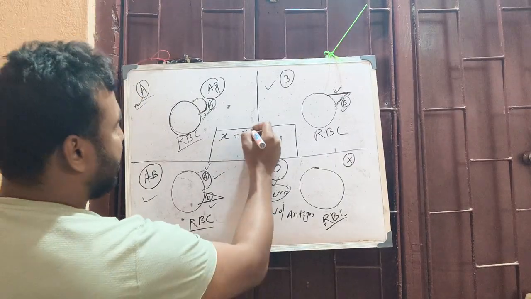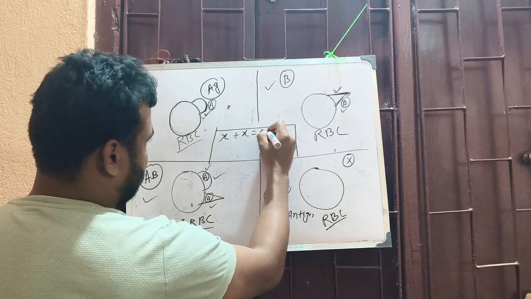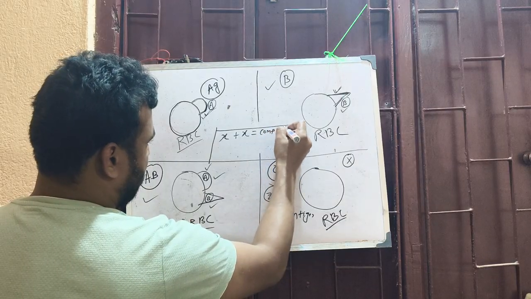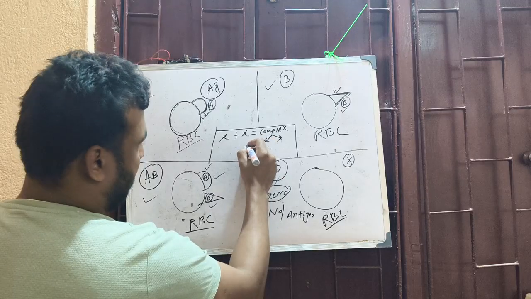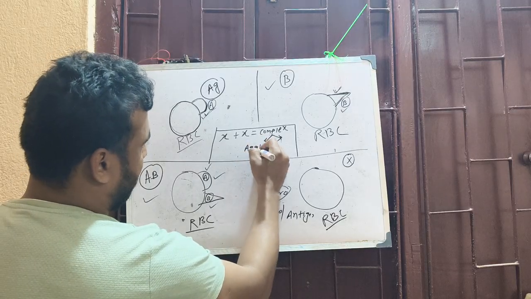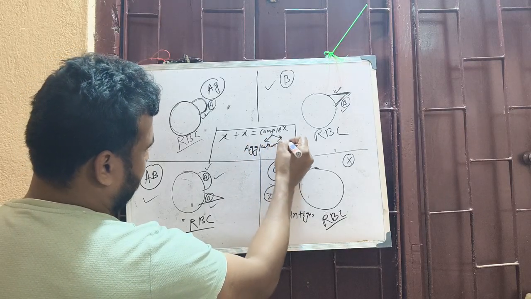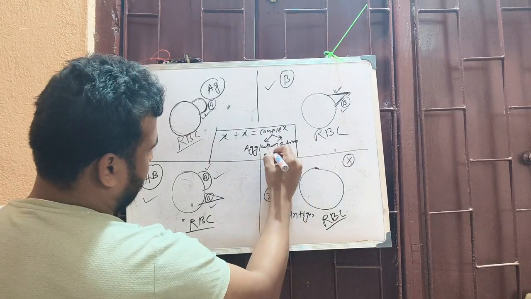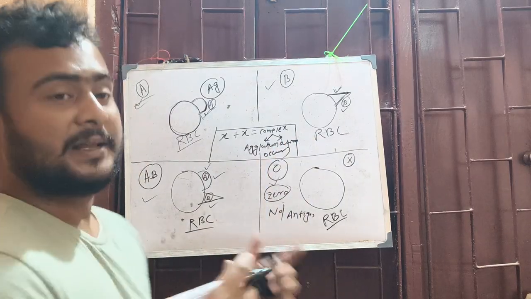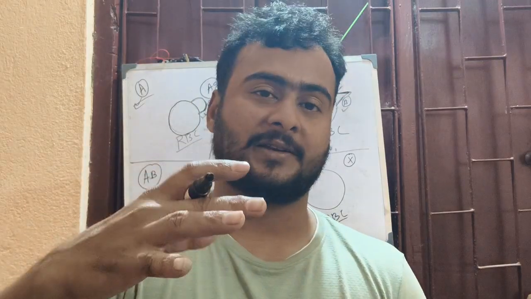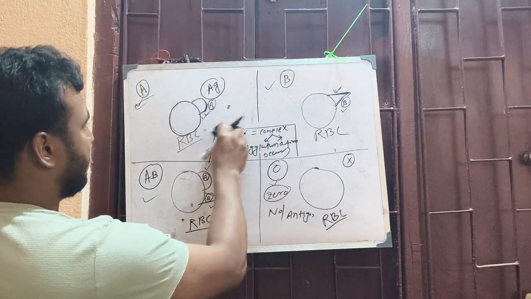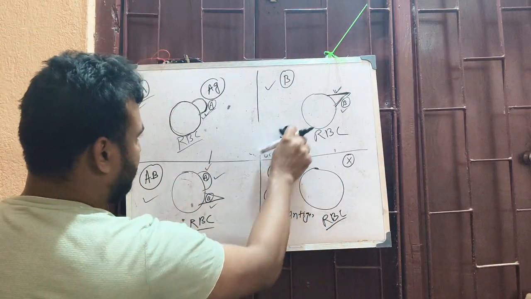They will form a complex, and you can say agglutination occurs. I mean the rupturing of the blood cell, meaning the RBC will be destroyed.